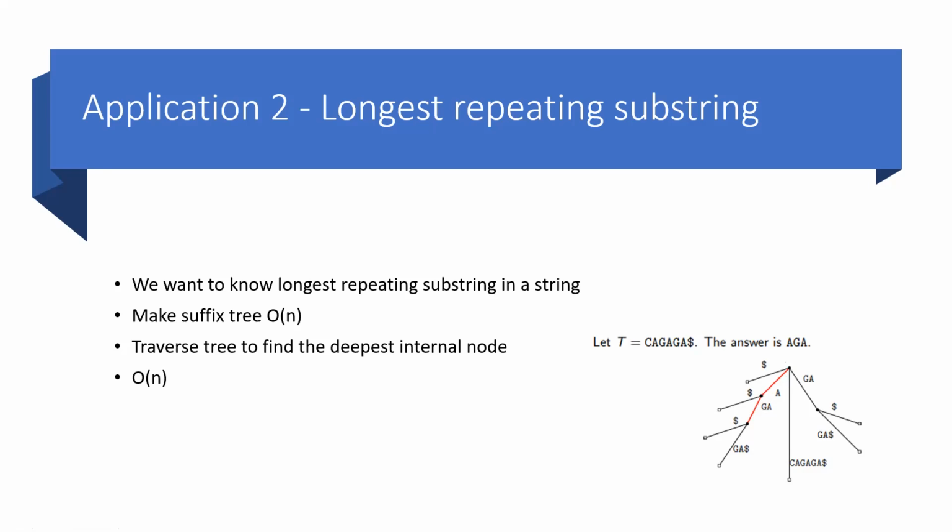And this is also an internal node, but it's not the deepest because it only has a level of 1. So this one that's 2, we could see that the path is AGA, which is indeed the longest repeating substring.